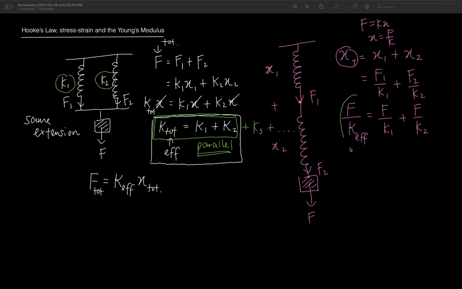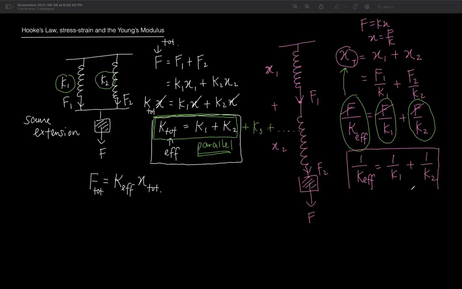Okay, because this is the total one, the entire system one. This is for the individual spring. Now from here, discard all the force. So I have 1 over K effective equals 1 over K1 plus 1 over K2.